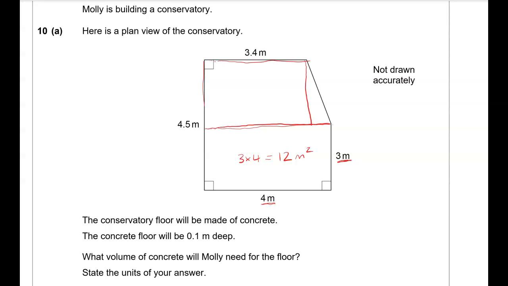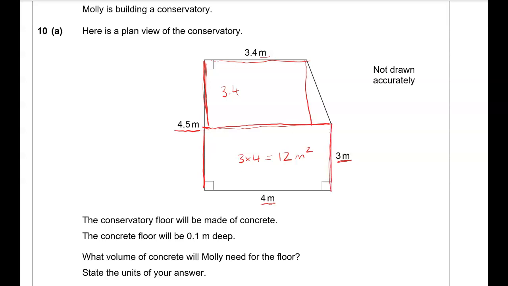So let's just do this. For this area, we've got 3.4 meters times, what is this? This length here, or the width, let's just call it the width here, that is equal to 4.5 take away 3 meters, because this is the same as this.